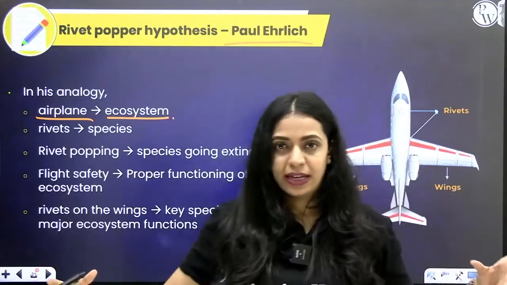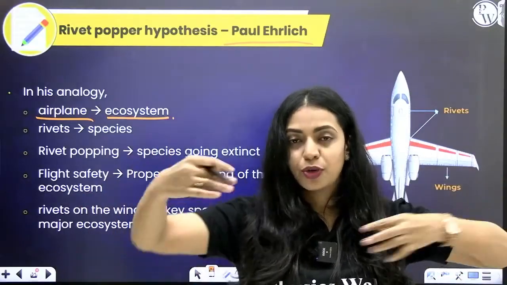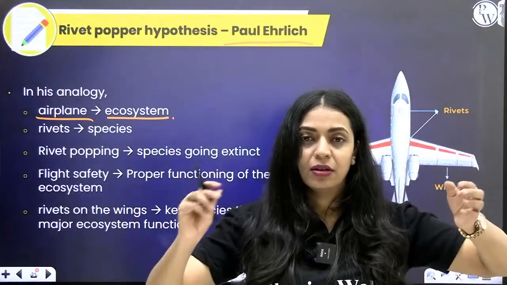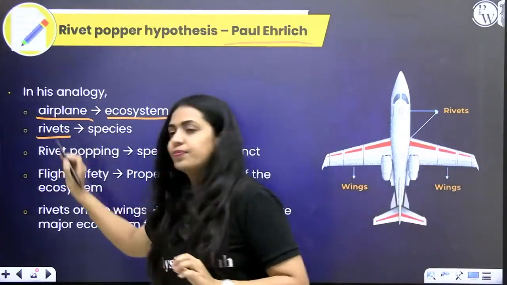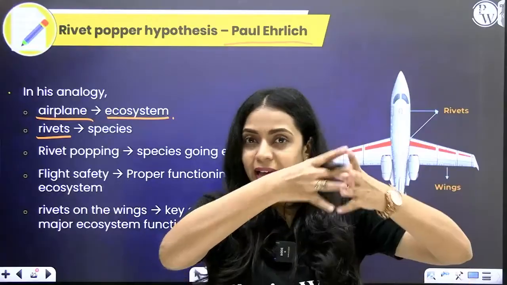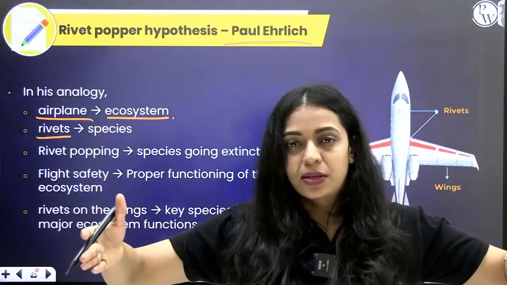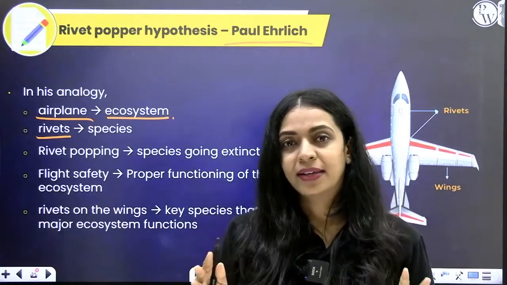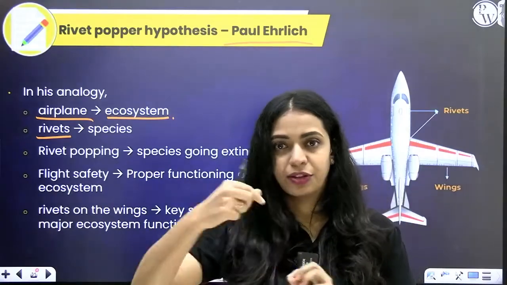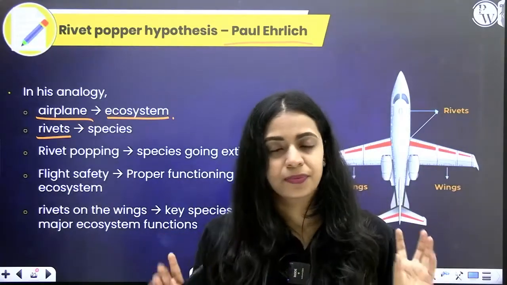In an aeroplane, it's not one unit, right? You have different parts that are put together by means of screws and nuts that we call rivets. If an airplane is considered as an ecosystem, there are different parts that are joined together by the rivets, the nuts and the bolts and the screws and all of that, right?